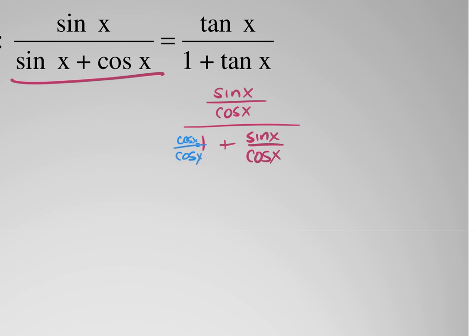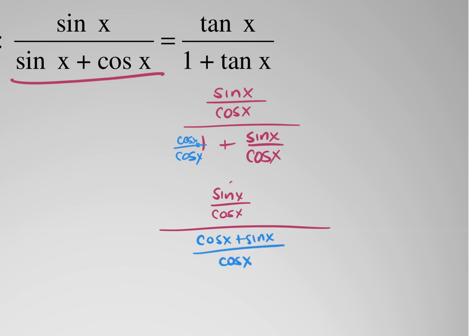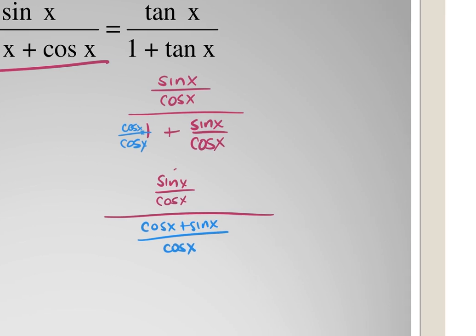So my numerator is sine x over cosine x, and my denominator is cosine x plus sine x over cosine x. Now I've got a complex fraction, right? So I'm going to flip it.